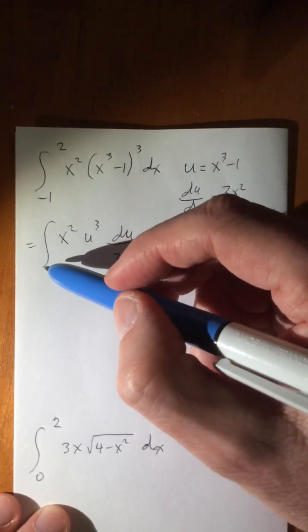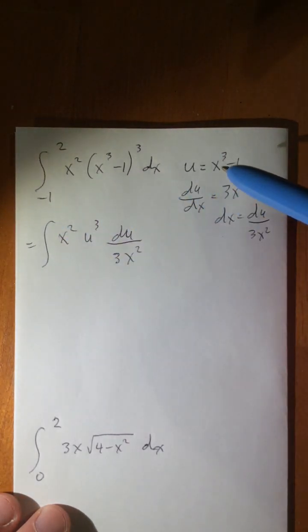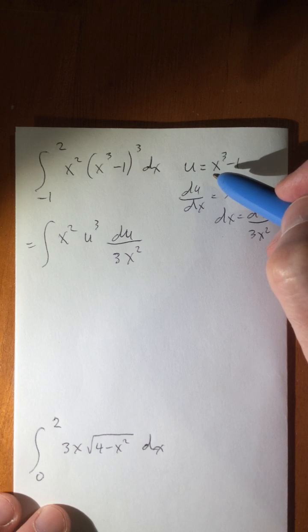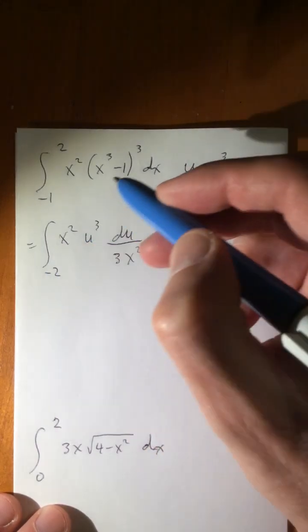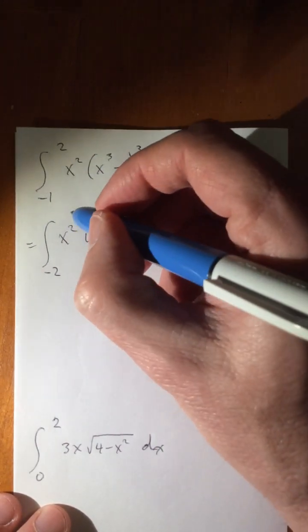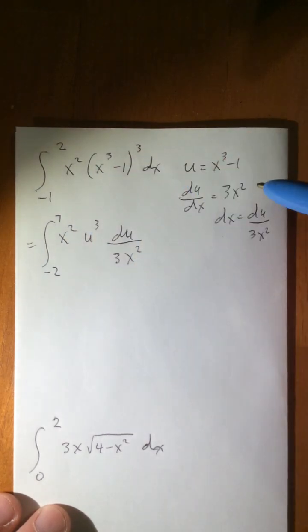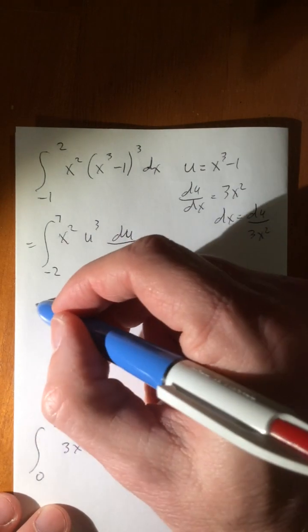And now I don't need to re-explain the whole limits of integration trick, so we're just going to plug in -1 here. So -1 cubed is -1, subtract 1 more is -2. And I'm going to plug in 2 here. 2 cubed is 8, minus 1 is 7. And then we're going to drop off the x squareds and kick the 1/3 onto the outside.